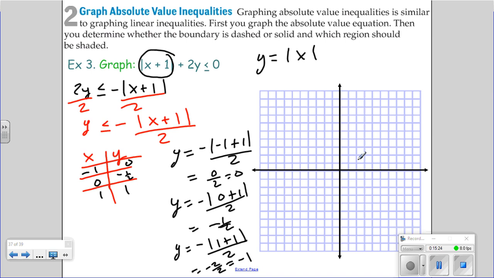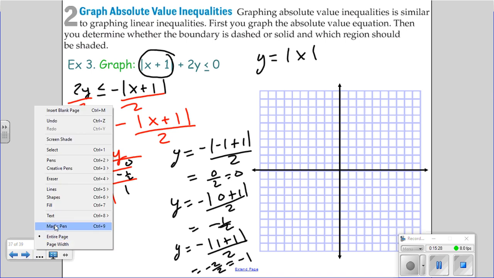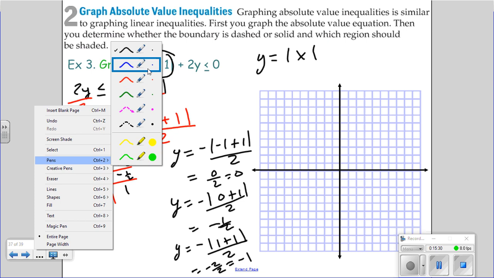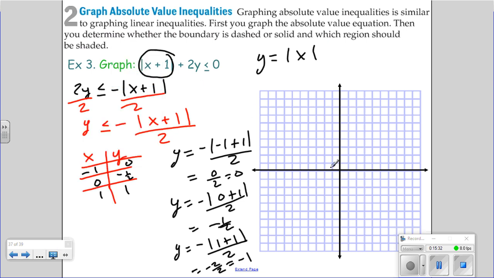So we plot those points. Negative 1, 0. It's located on the x-axis on the left-hand side. Right here, that's negative 1, 0. 0, negative half is halfway between 1 and 0.